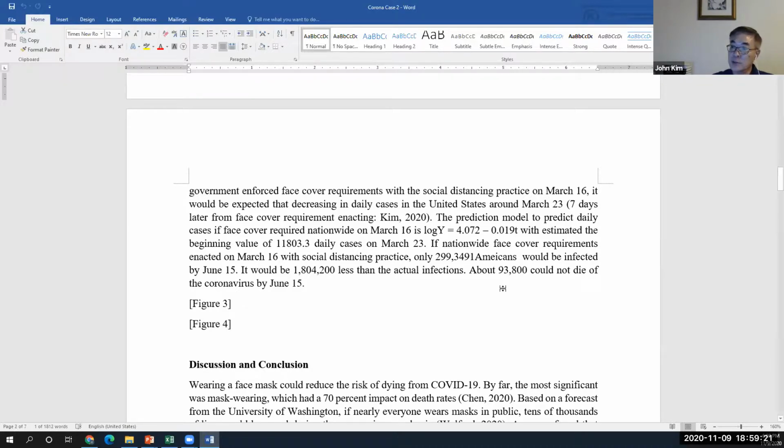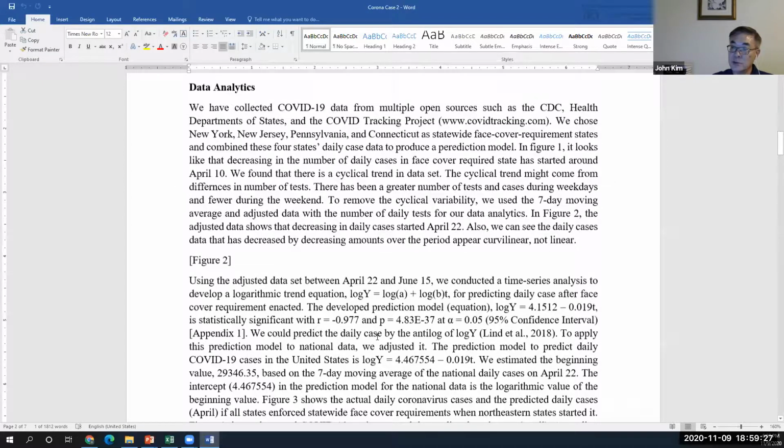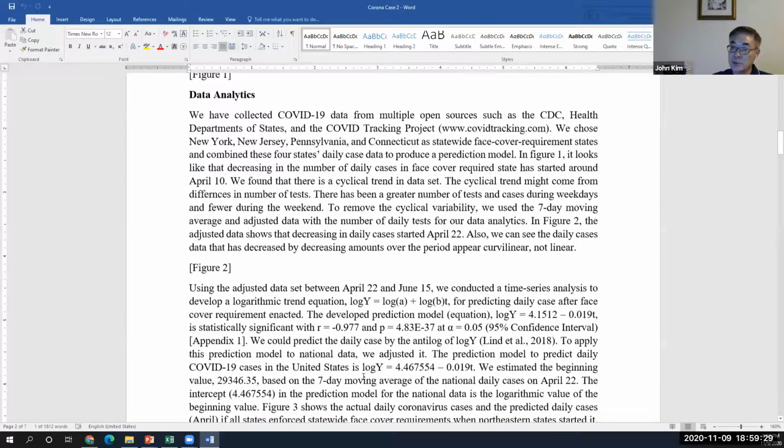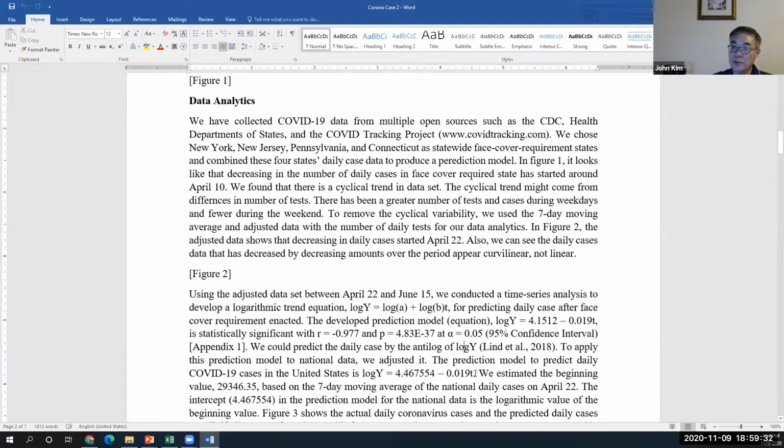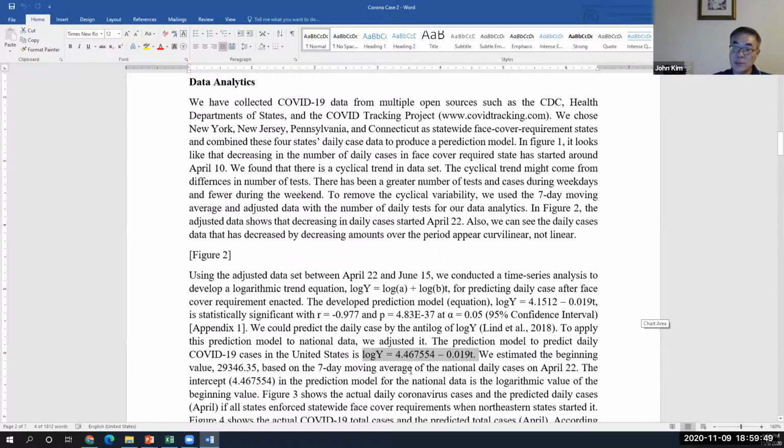So we used regression analysis to develop an equation like this. A little bit different from regular regression, but we used linear regression, developed the model, and then using the model, we forecast like this.